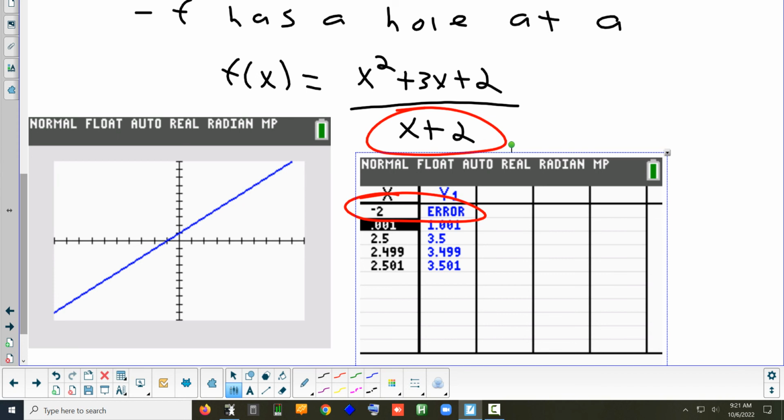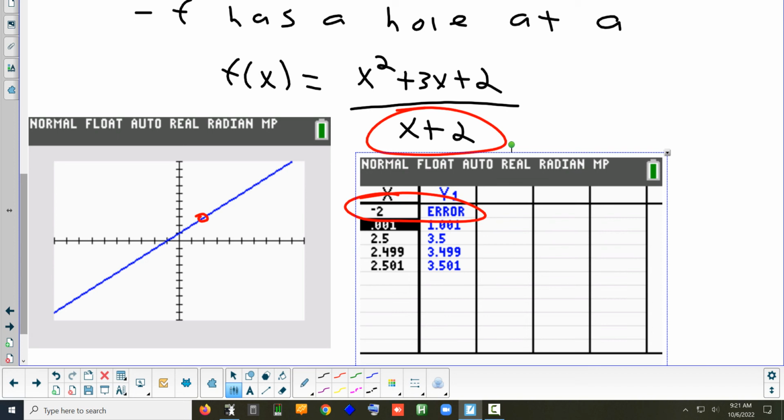And the reason you can't see it is because this is what we call a hole. A hole is infinitely small. It's extremely small. The hole is right there. That's how you would sketch this graph. The calculator can't do that. It can't show you that there's a hole.